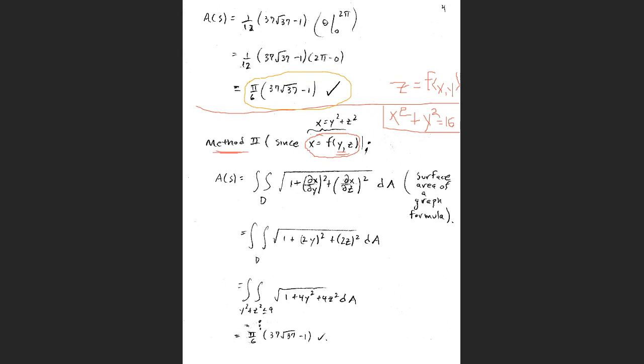But that won't work unless z can be written as a function of x and y. Well, in our situation, x is a function of y and z for the paraboloid. And because of that, we can use this formula here for the surface area.